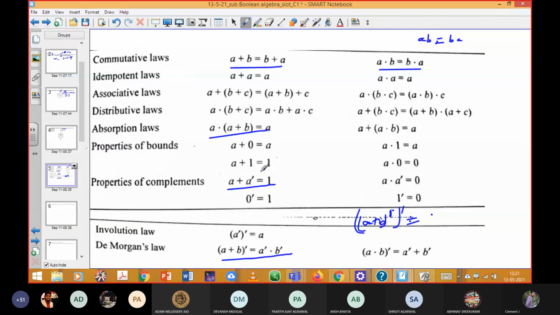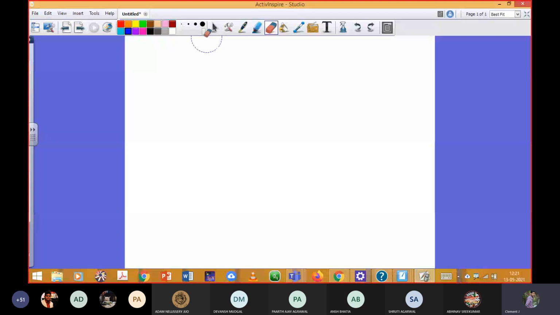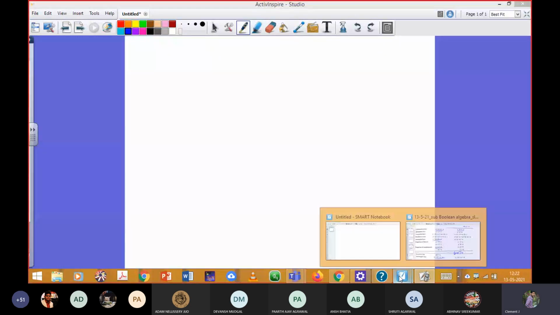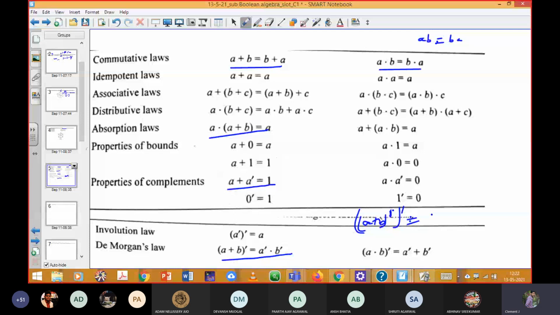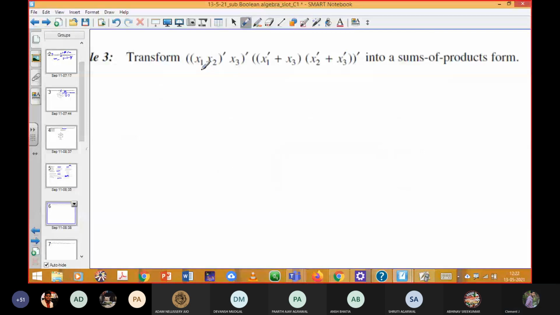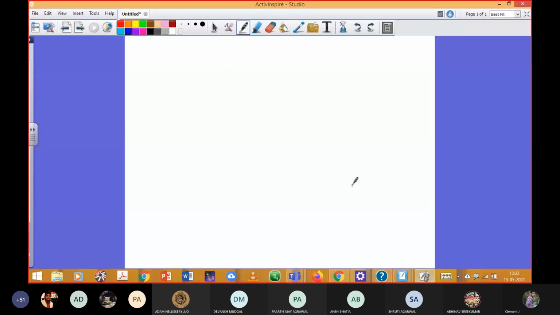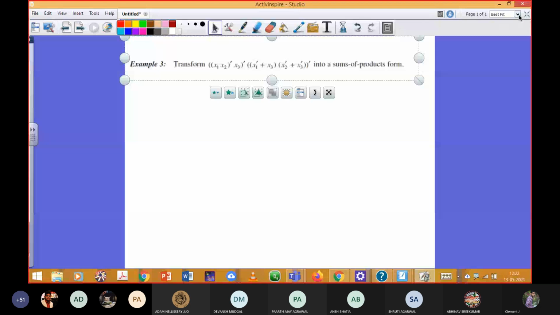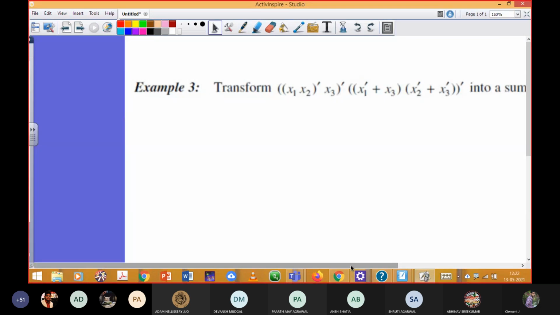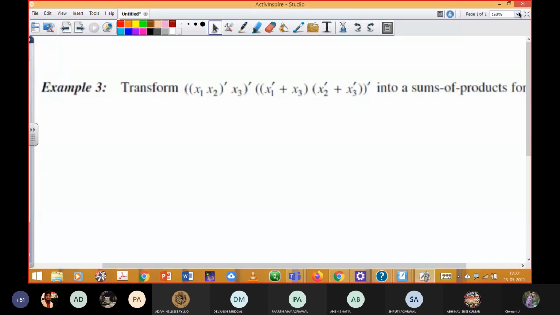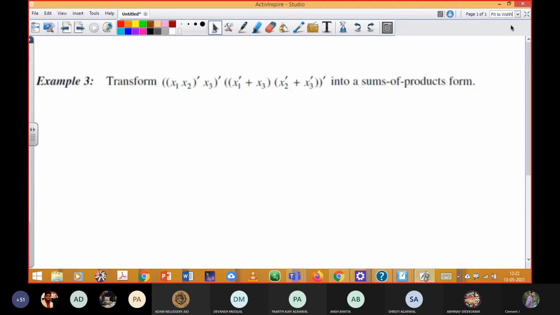Anyway, we can switch over to another notebook software that will be the compatible one. So now we can solve this problem.